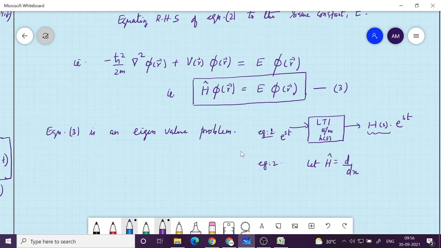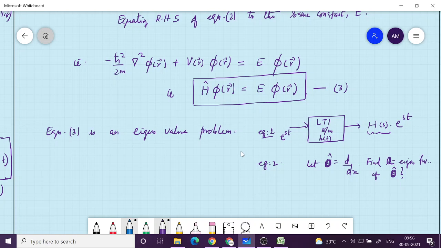We need to find out the eigenfunction of this operator, let me say operator O. So find the eigenfunction of the operator O. So the question is, which function, when I operate on it with d by dx, will give me the same function multiplied by a constant.